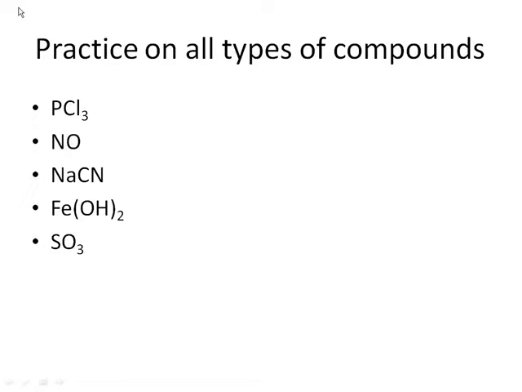All right, so PCl3, when we look at it, we see that the P, phosphorus, is a nonmetal and chlorine is a nonmetal. So that means that this is a covalent compound, which means that I need to name it using numerical prefixes telling me how many of each type of element there are, except no mono on the first one if it's only 1.